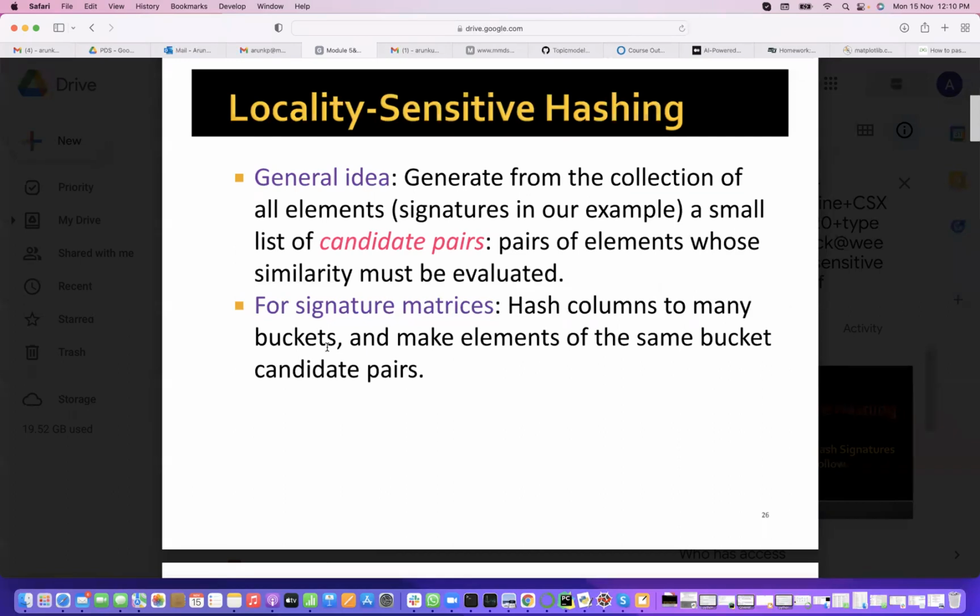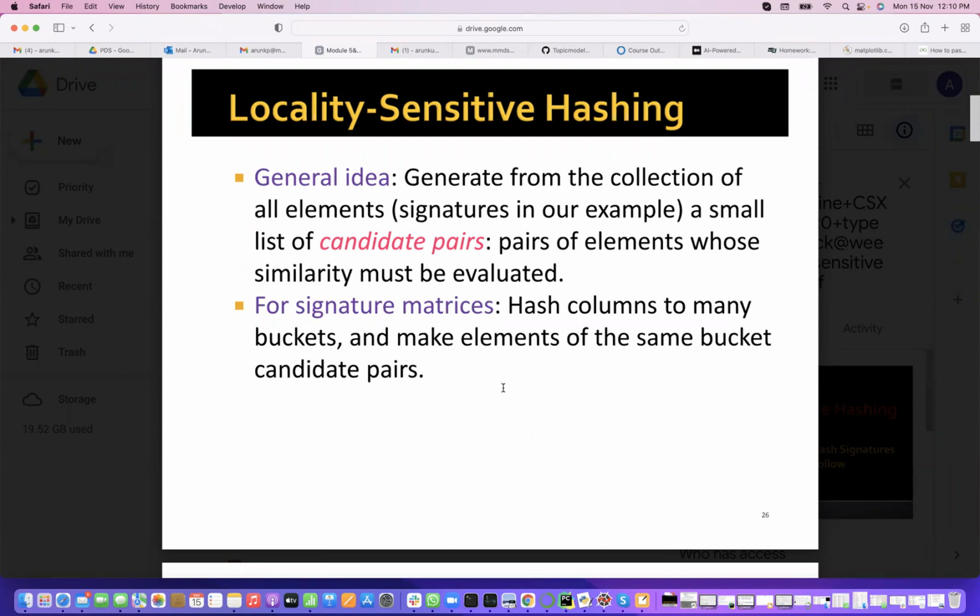Instead of computing the similarity between all the pairs, we will first hash columns to many buckets and make elements of the same bucket candidate pairs, meaning those which fall into the same bucket. For them only, we will evaluate whether they are similar or not. If they fall into different buckets, they are dissimilar; that is our assumption.